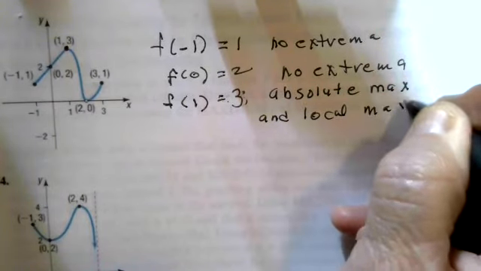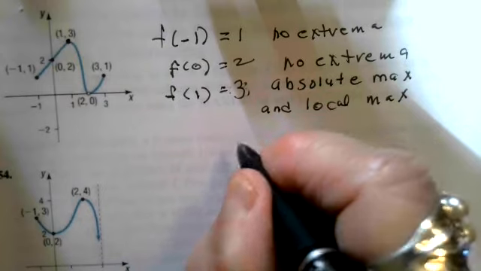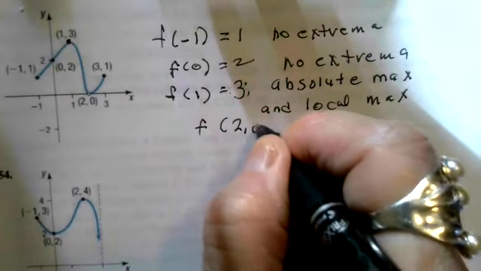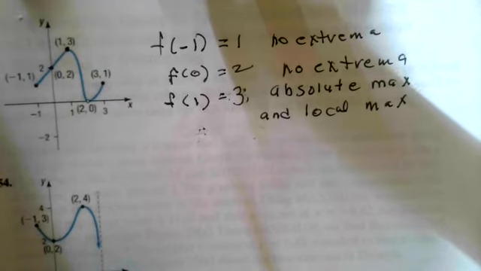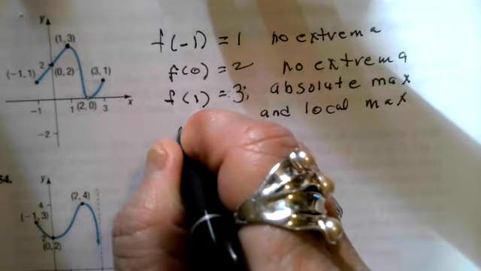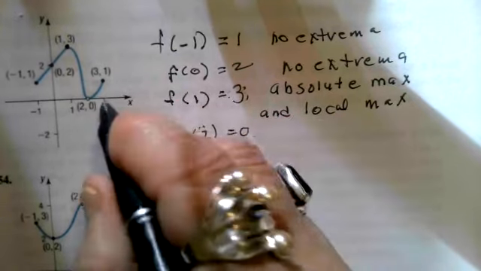And then let's look at f of 2. Okay, so then the next place to look is f of 2, which is equal to 0 here.